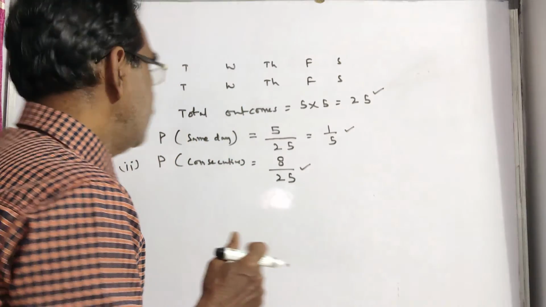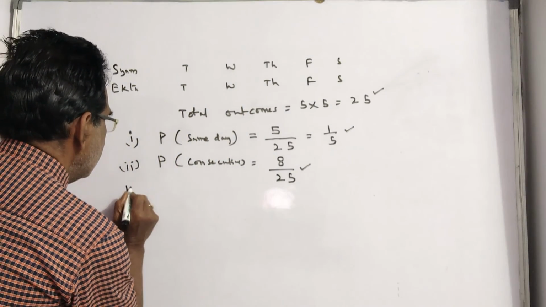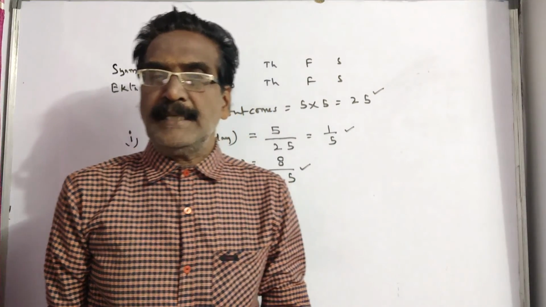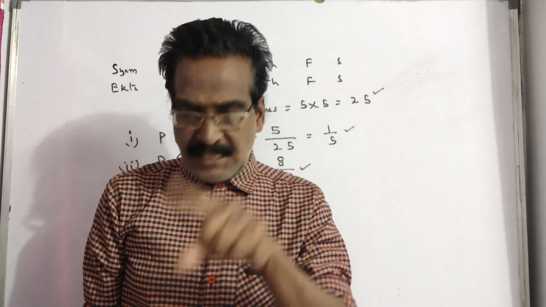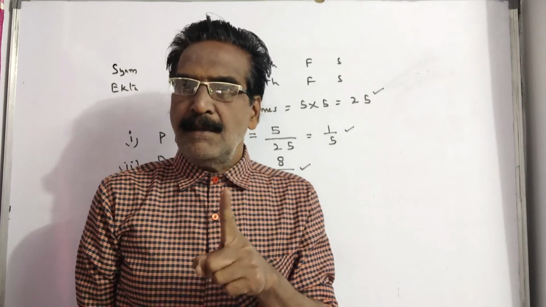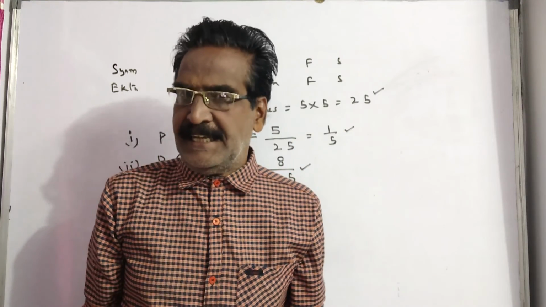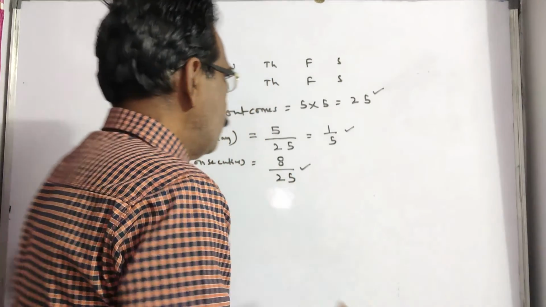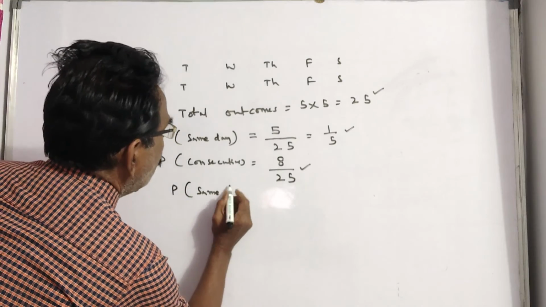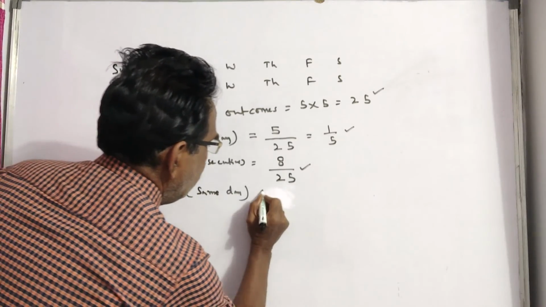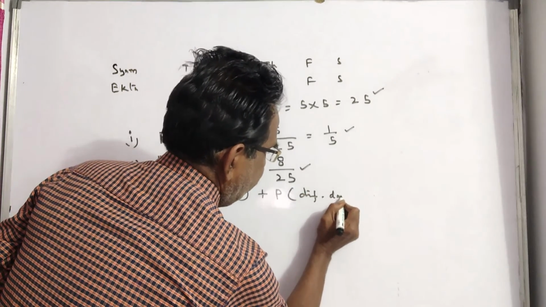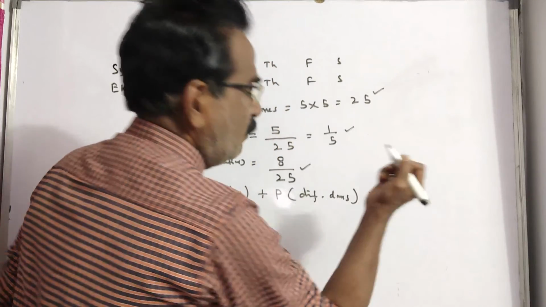We know one thing: the probability of their visiting on the same day plus the probability of their visiting on different days is always equal to 1.